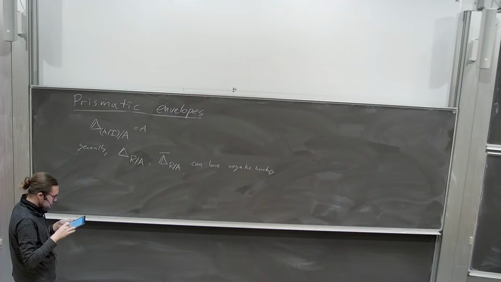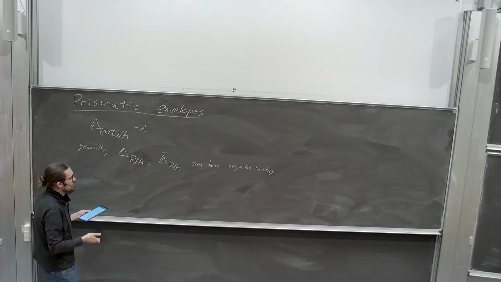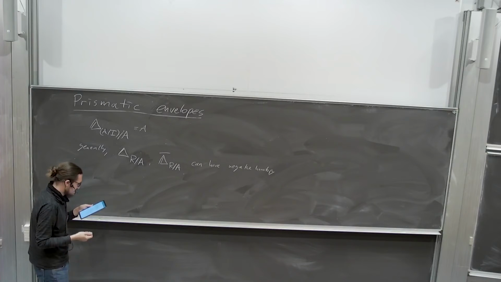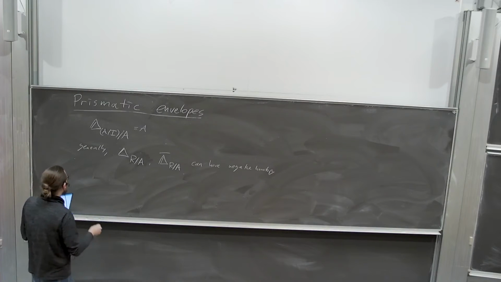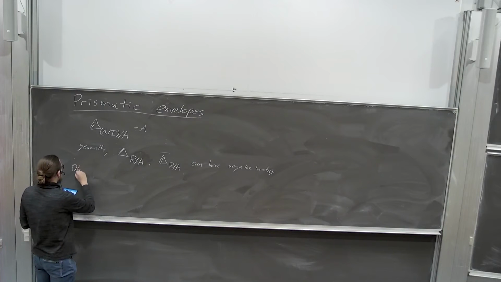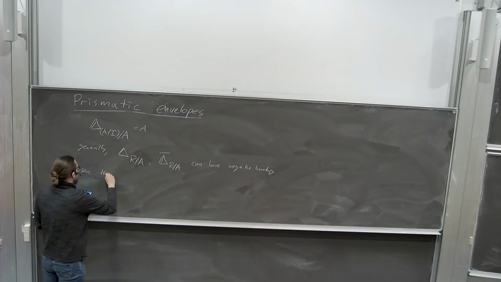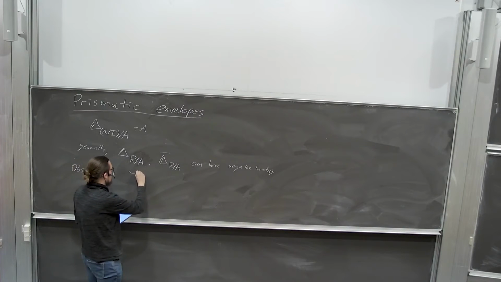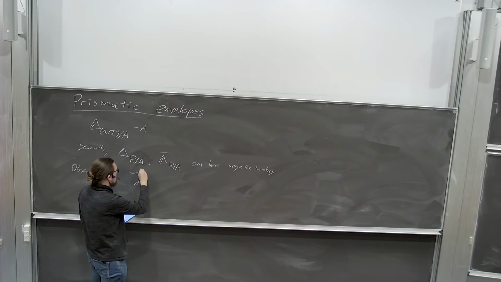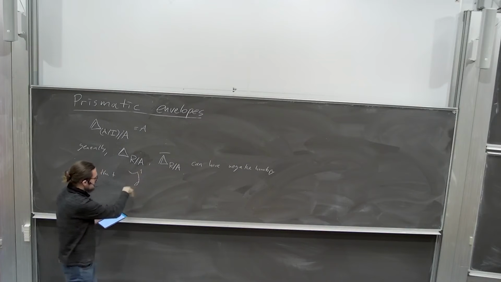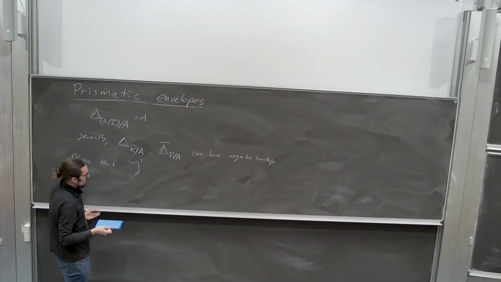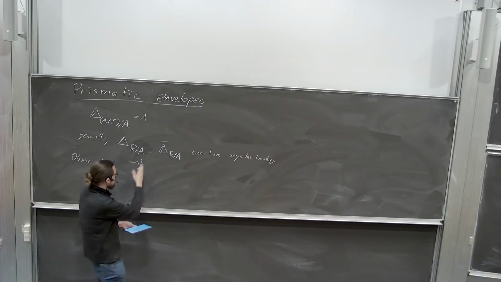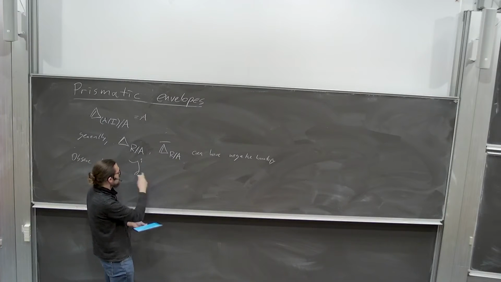And in order to understand that, we have to somehow try and give names to elements, right? That's always what you have to do. And so observe that on the prismatic site, we had this ideal J, and so we can take powers of that.